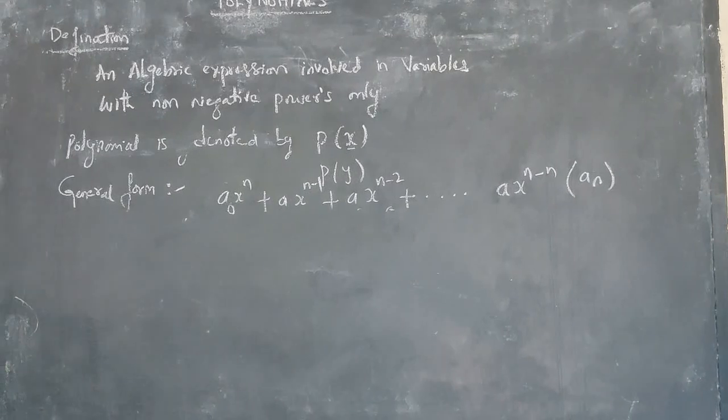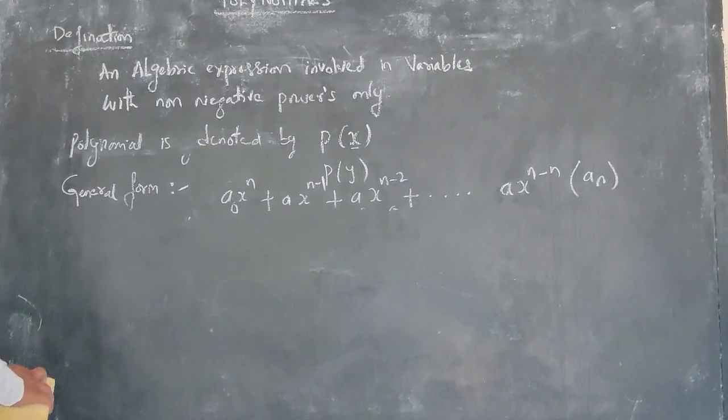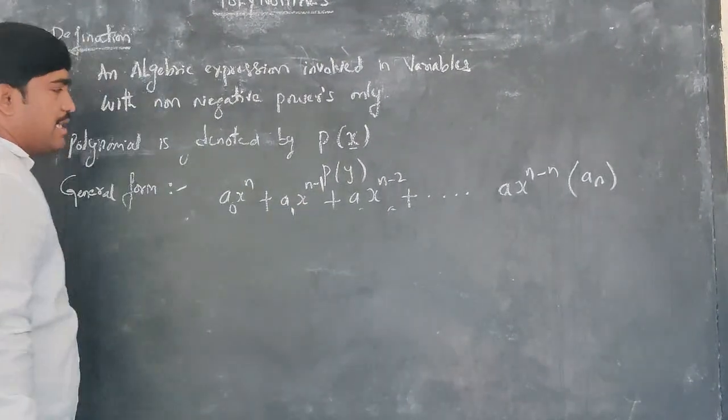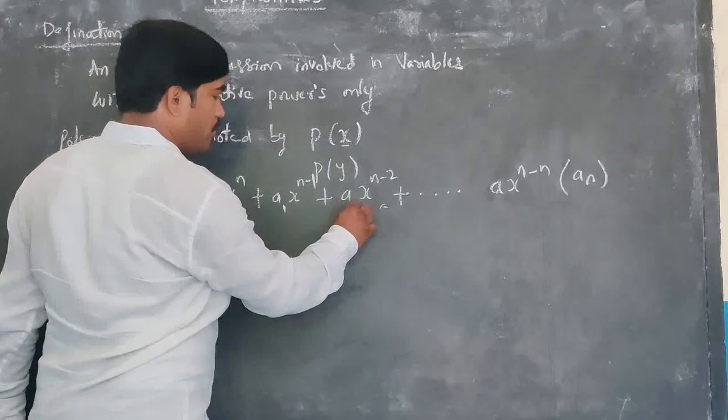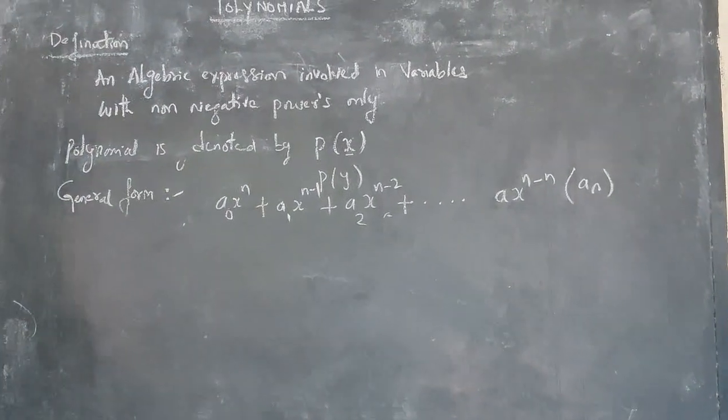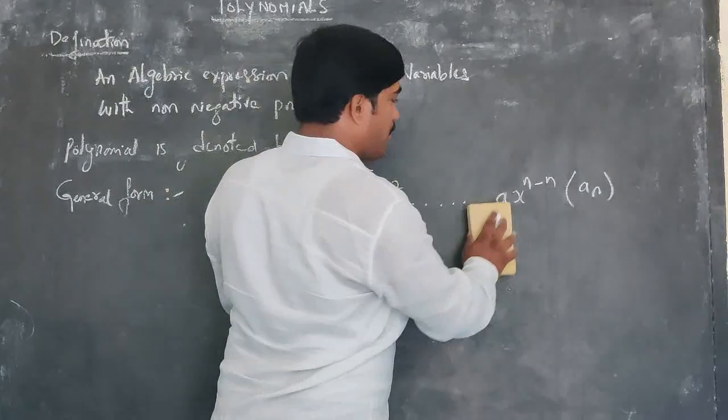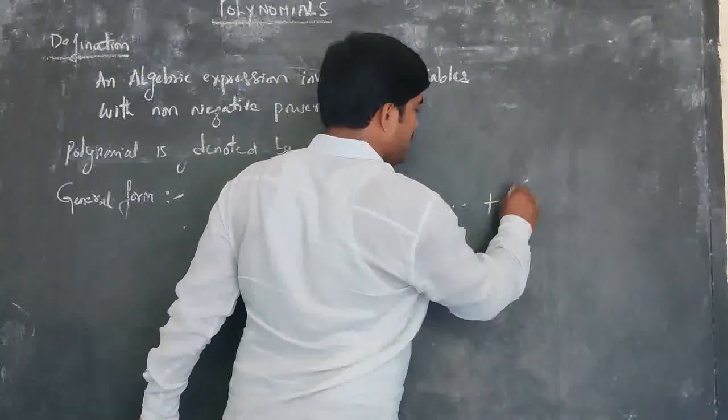a0 x power n plus a1 x power n minus 1 plus so on plus a2 x power n minus 2 plus so on, or simply you can take plus an.